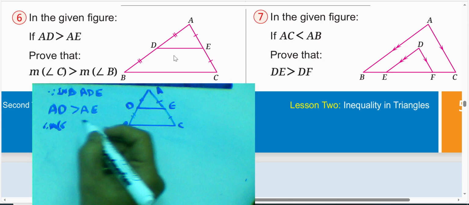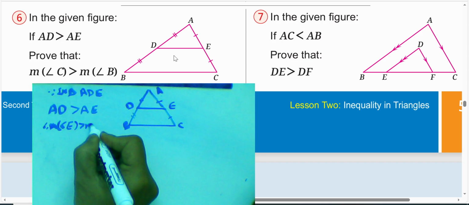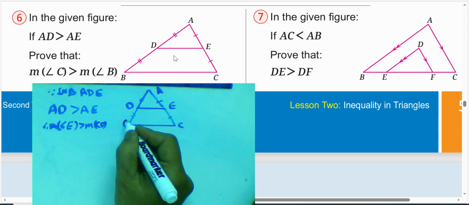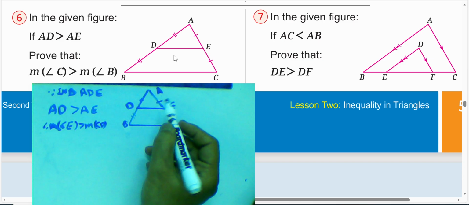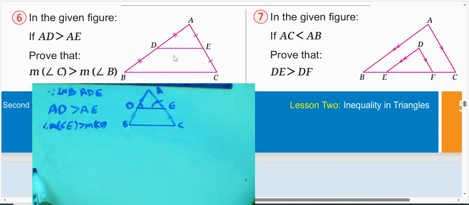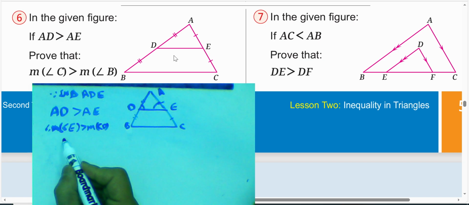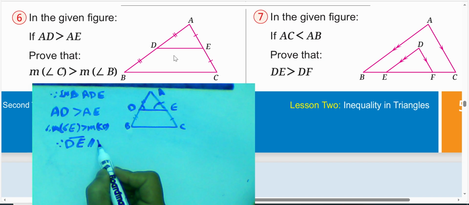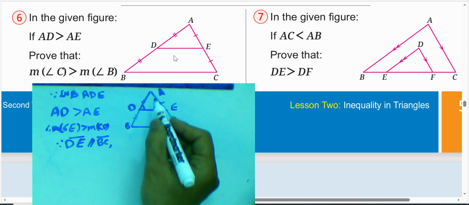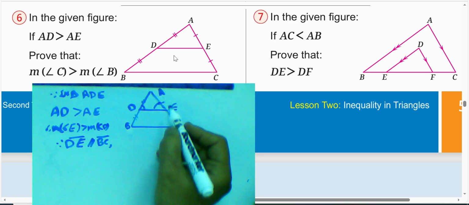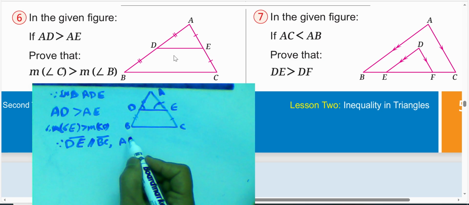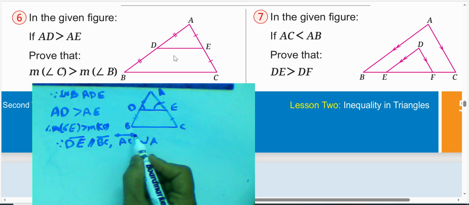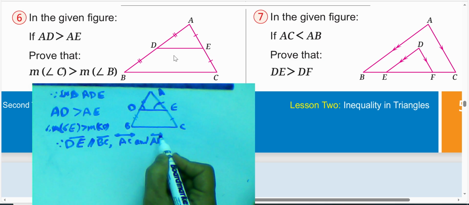The measure of angle E is greater than the measure of angle D. Okay, we have two parallel sides, DE parallel to BC, and we have two intervals here. We have AC, and the straight lines EC and EB are transversals.